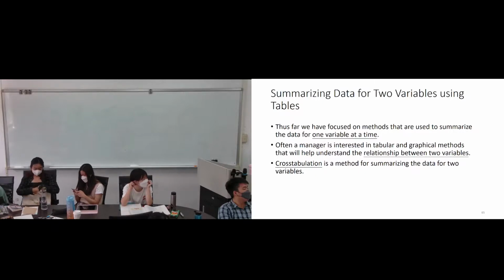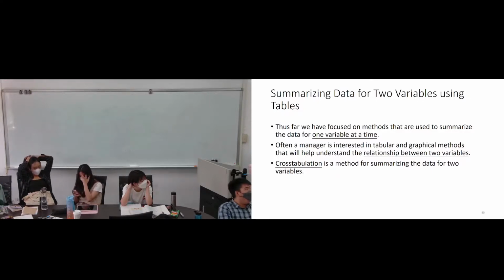So far we have focused on methods to summarize data for one variable. But if we would like to summarize the relationship between two categorical variables, or two numerical variables, or one categorical variable and one quantitative variable, what should we do?